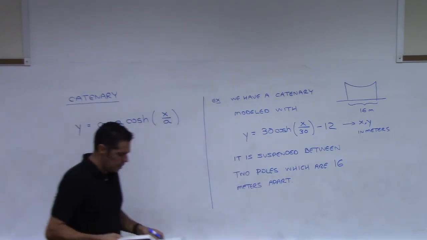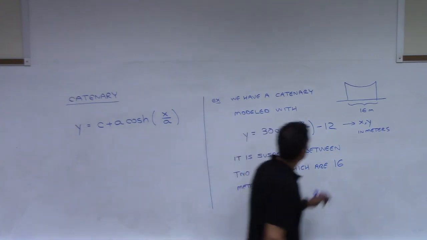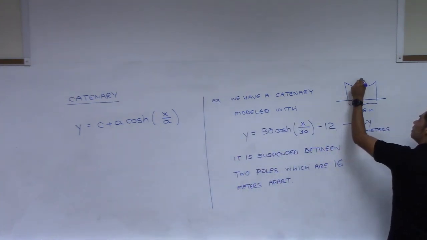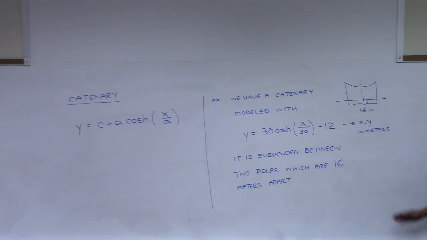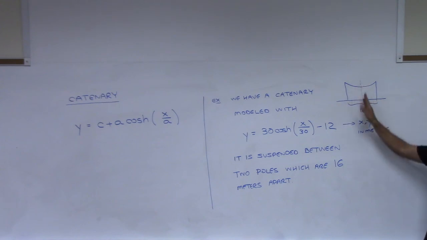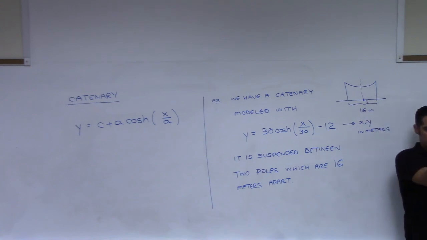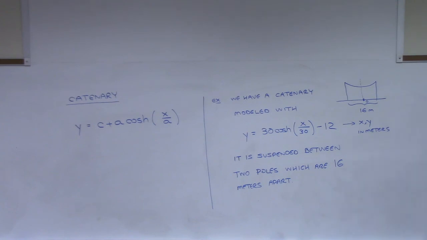We are going to assume that this right here is 0, in other words, this is like the x-axis and the y-axis. So the lowest point of the catenary is going to be right at the y-axis. This picture is modeling what's happening.